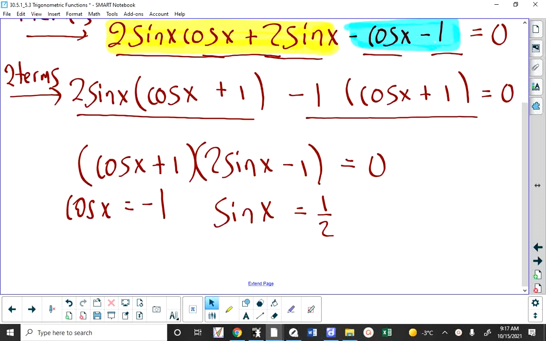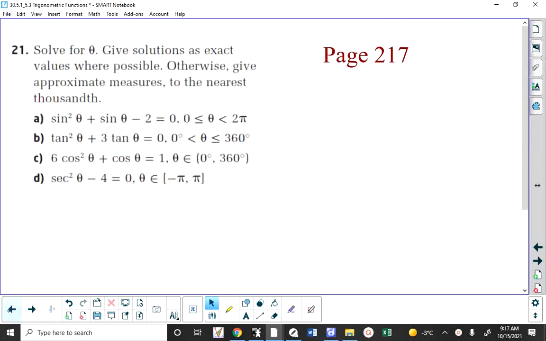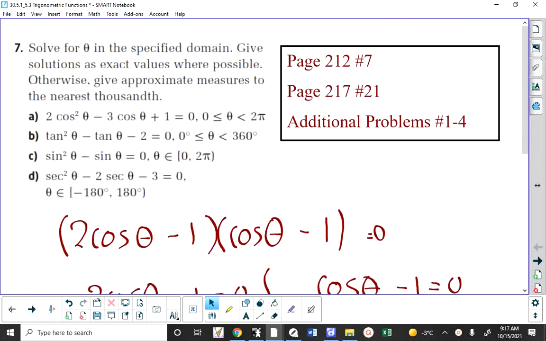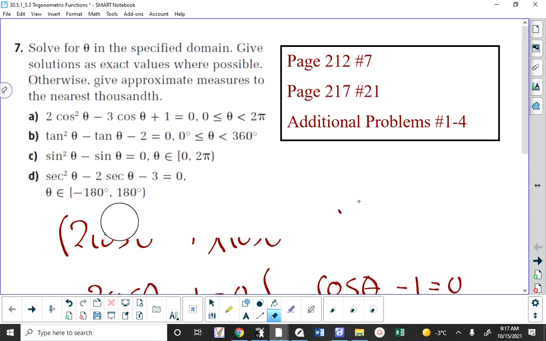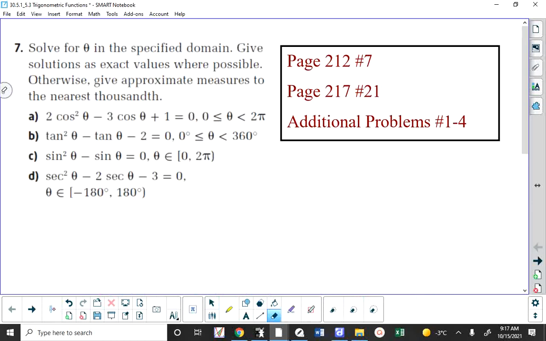7b. Morning. So we have tan squared theta minus tan theta minus 2.